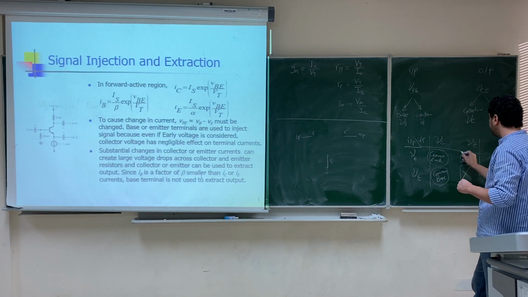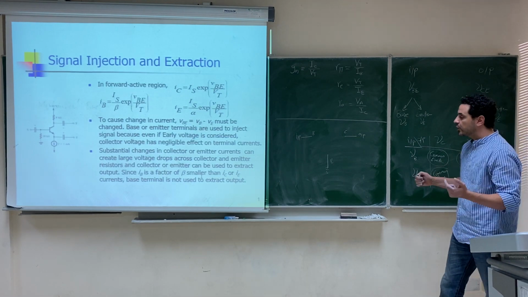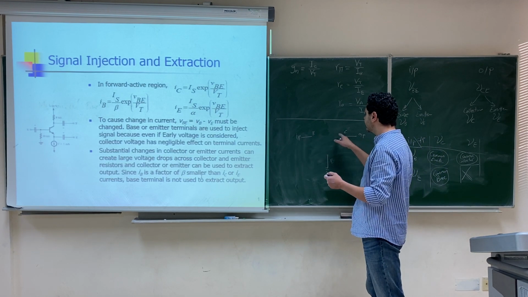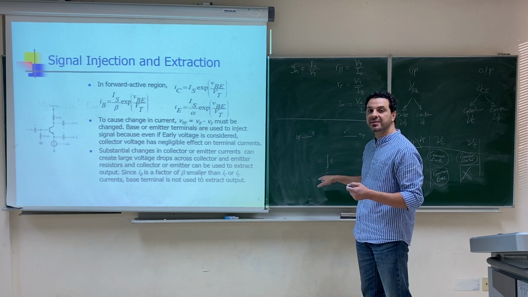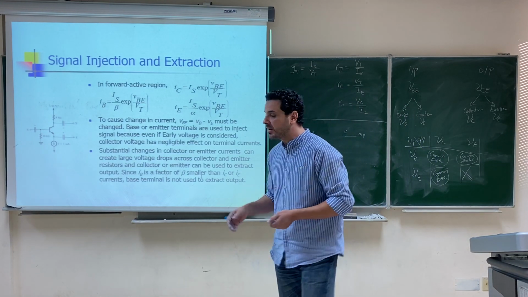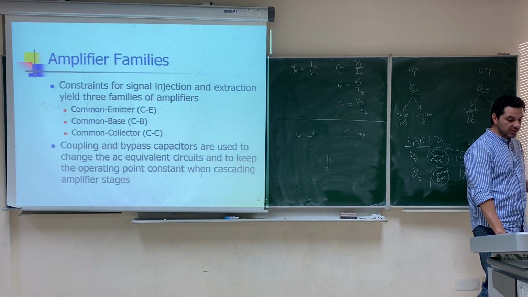So we have 3 amplifier families: common emitter, common base, common collector. Usually, how to know it? Look at the input and the output. The third terminal will be the common terminal.